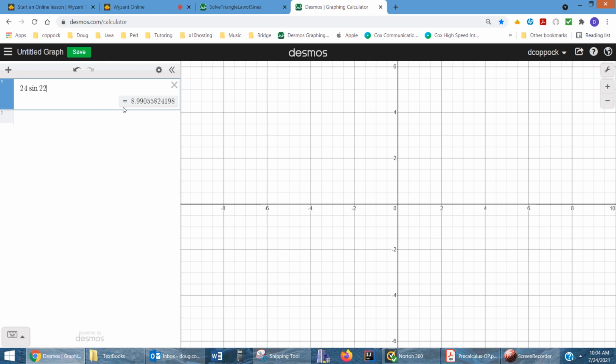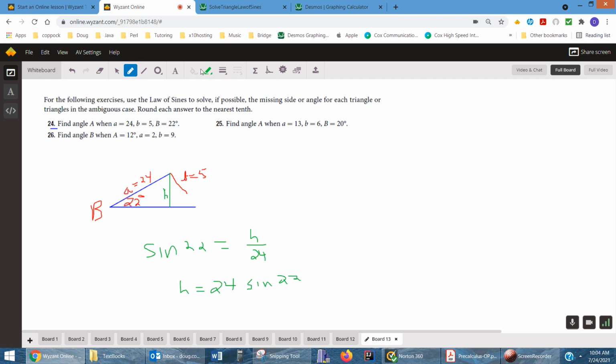I am in degree mode, so h is 8.9. Really actually close to 9. But b is not going to hit this opposite side, so there are no triangles for number 24. Let's try 25 and end the video.